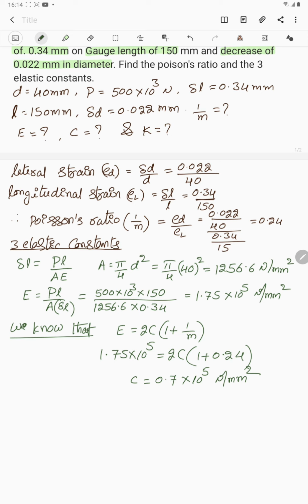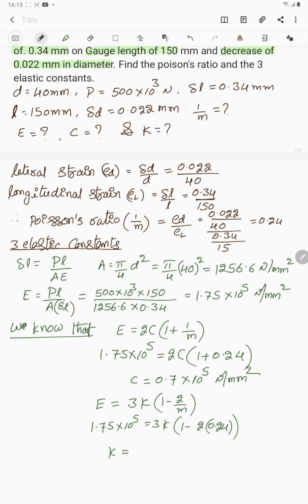Similarly, one more relation we have is Young's modulus E equal to 3k into 1 minus 2 by m. Here 1 by m is the Poisson's ratio. Therefore, Young's modulus E equal to 1.75 into 10 power 5 is equal to 3k into 1 minus 2 into 1 by m, where 1 by m is the Poisson's ratio, 0.24.